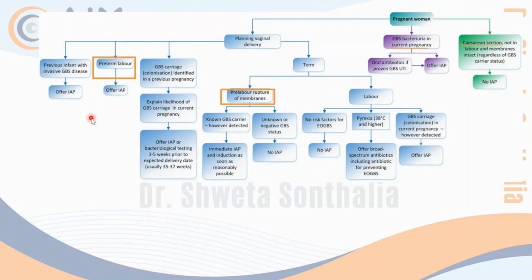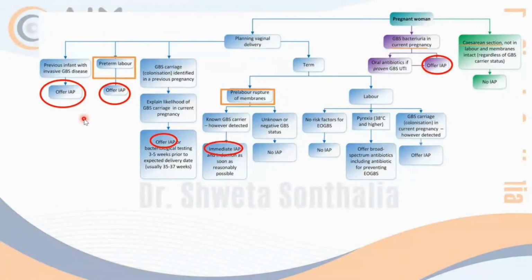Yes, ma'am. Great. So this is the master chart you all have to memorize well, that when you offer the IAP. So you offer with previous baby, PPROM in labor. You offer if she has previous pregnancy GBS, you can directly offer. You offer her in cases of bacteriuria or GBS UTI.